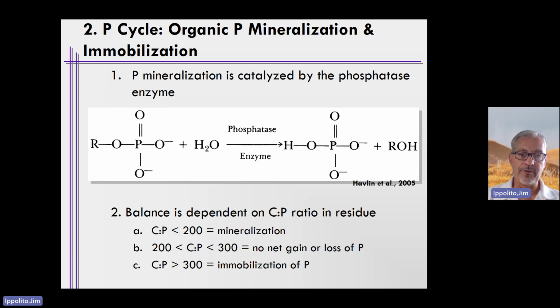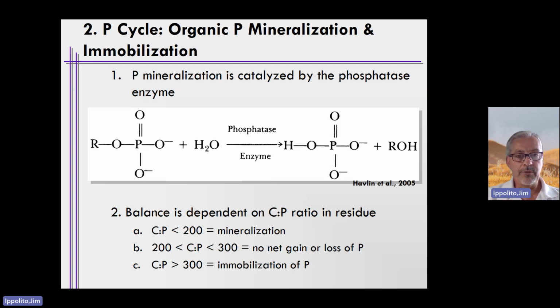Where are the microorganisms going to obtain that phosphorus? They're going to obtain it from orthophosphates found in the soil solution phase. So that's immobilization. Whereas mineralization is the release of organic phosphorus to inorganic phosphorus in the form of orthophosphate, like you see in this picture.